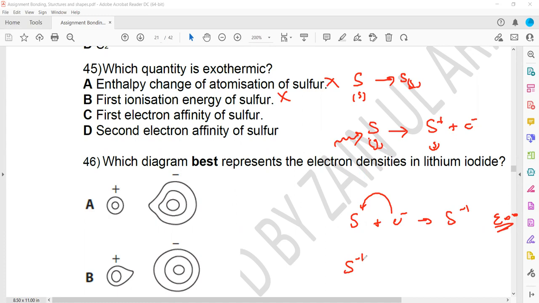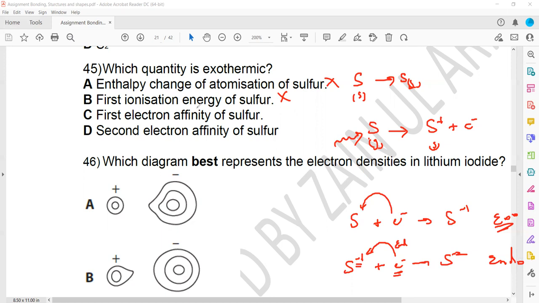Why? Because sulfur is already charged and we are adding another electron. We have to supply energy because sulfur is negative and the electron is also negative, so they repel each other. We have to supply energy so that the electron can be added to this sulfur ion. So second, third, fourth electron affinities are all endothermic. The first is always exothermic.